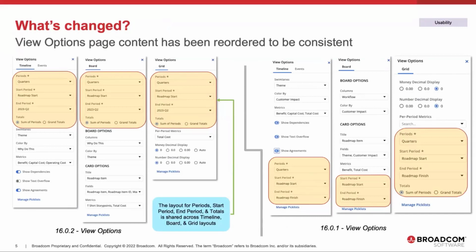The left-hand side of the screen is merely saying, we've taken a look at this, we're improving the usability, and no matter where you are, in a timeline view, a board view, or a grid view, when you go to view options, it'll look the same. So that eliminates some of the learning or searching around for information.